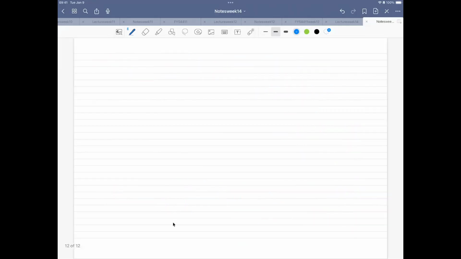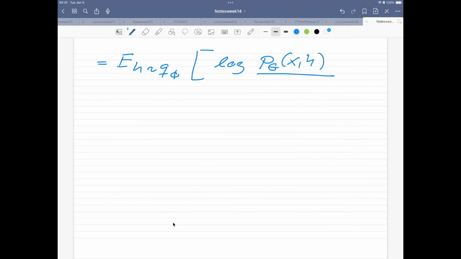If I do that, what I'm going to get is one term, the expectation value of h drawn from q of phi, and then I have my log of p theta of x given h divided by q of phi of h given x, plus a new term.